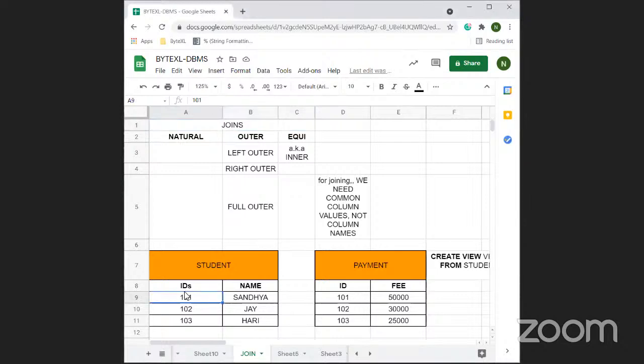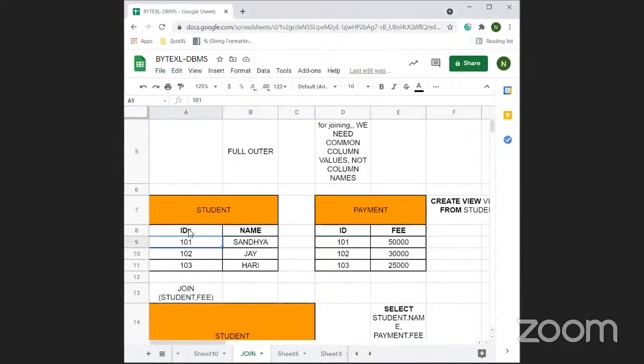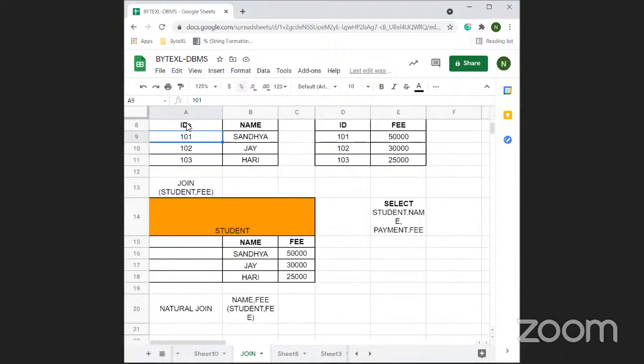And the common attributes we have, actually according to the name of the attributes, we don't have anything in common, because if you observe carefully, one is ID, the other is S ID, that means it is different. The name of the columns is not important to us, as long as there is at least one common value in both of the tables.